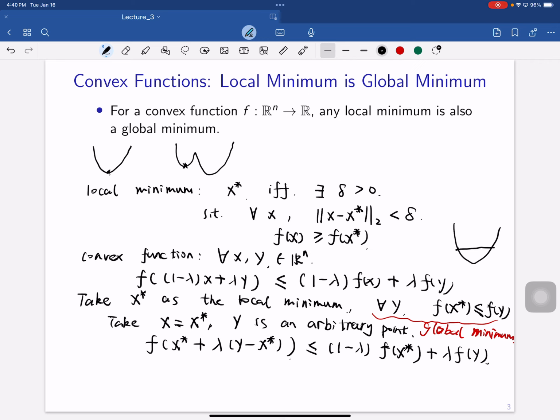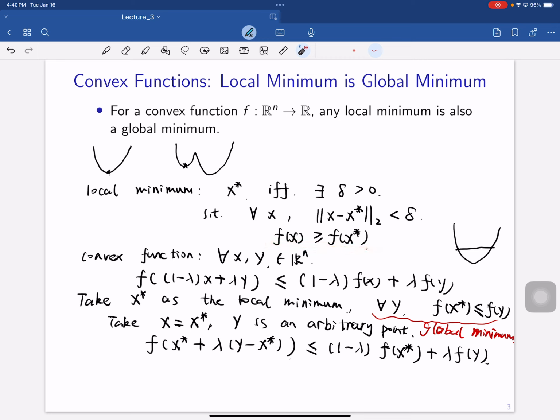So x star is a local minimum. So by the definition of local minimum, let's just read the definition again, right? When x star is a local minimum, then for all the x that are very close to x star, if their distance is less than or equal to delta, then we have all those f of x has to be greater than or equal to f of x star.